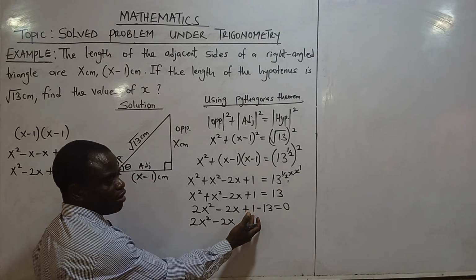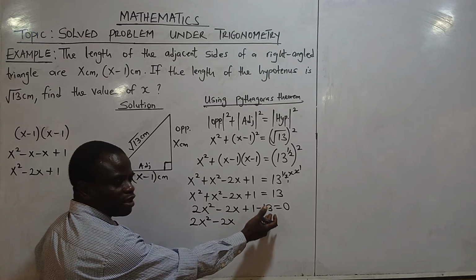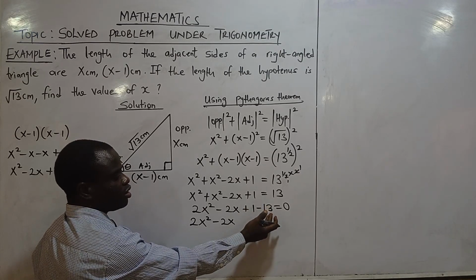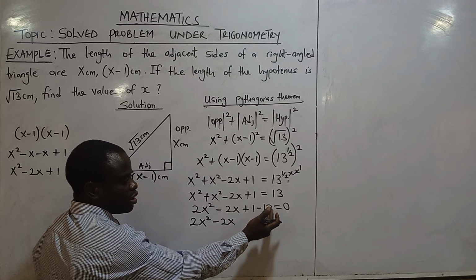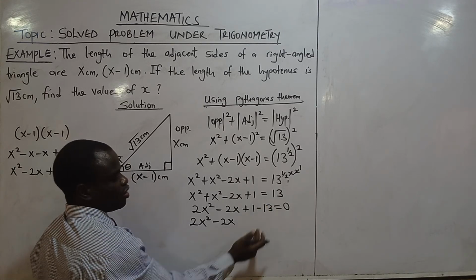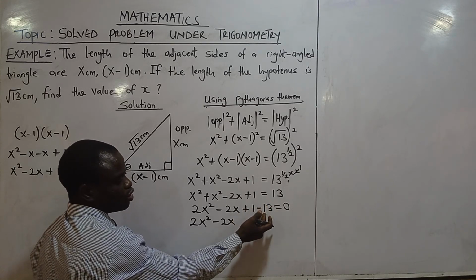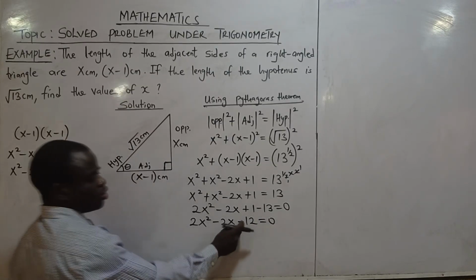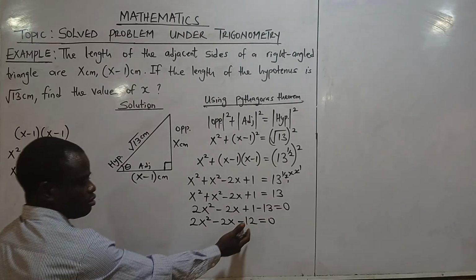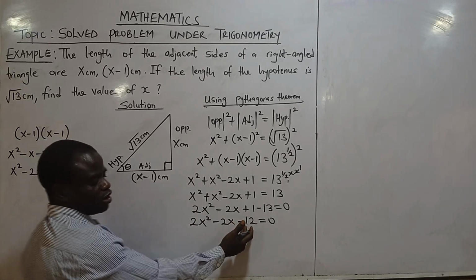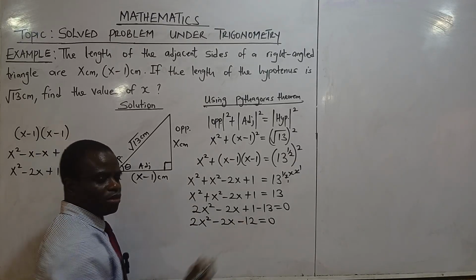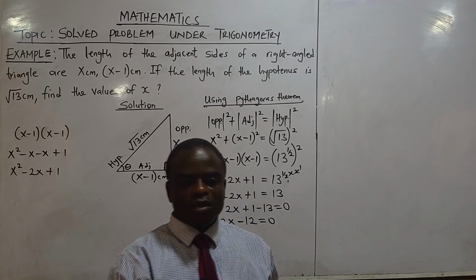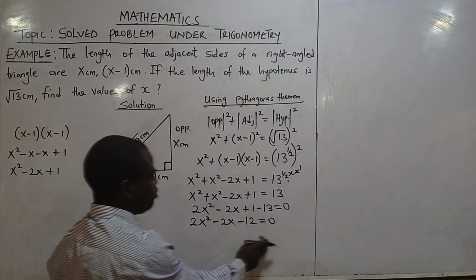Like when you have 1 naira and you are owing 13 naira, when you pay 1 naira out of the 13 naira you are owing, you are left with a debt of 12 naira. That is 1 minus 13, that is minus 12. The negative sign shows that we are still owing the money. I'm just using owing and paying as a means of explaining this problem.